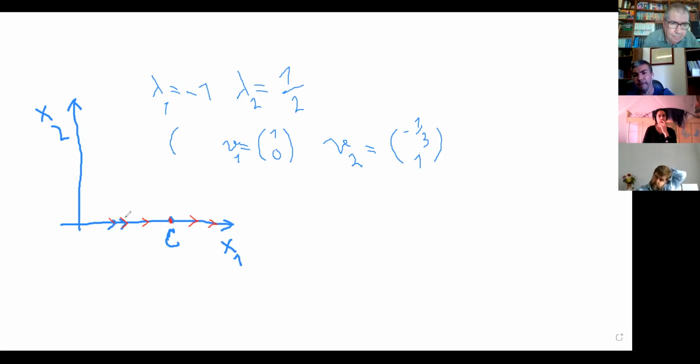Cafe, you are doing a linearized analysis, so you forget about the origin. The origin is away. You are considering what is going on there. Start by marking the directions of the eigenvectors starting from C. You have one eigenvector starting in C, which is 1, 0. So mark the vector 1, 0 from C.